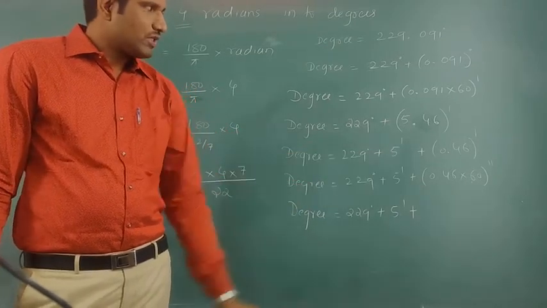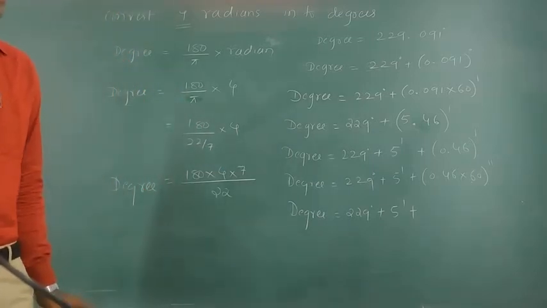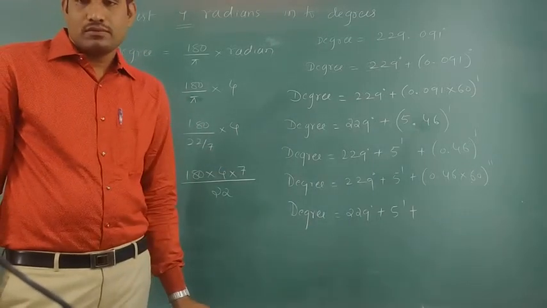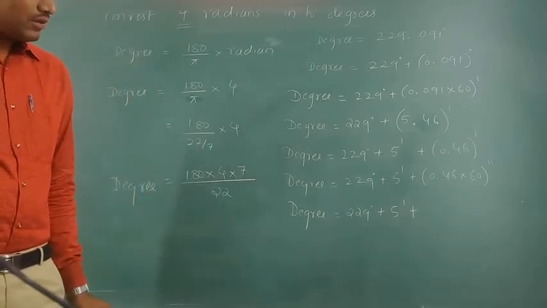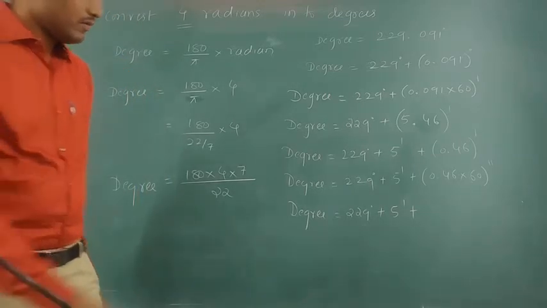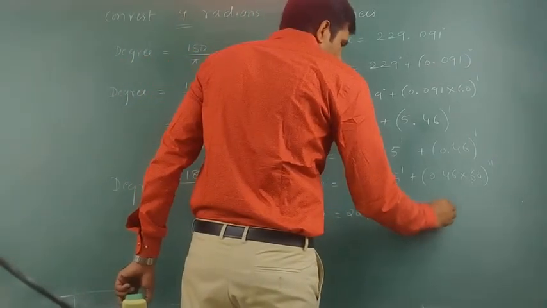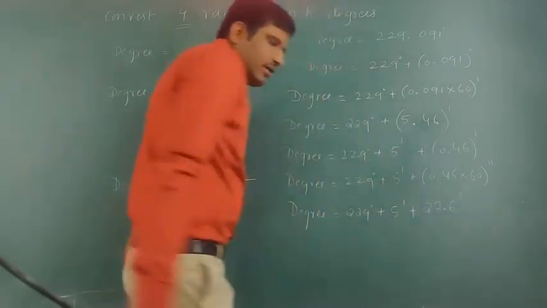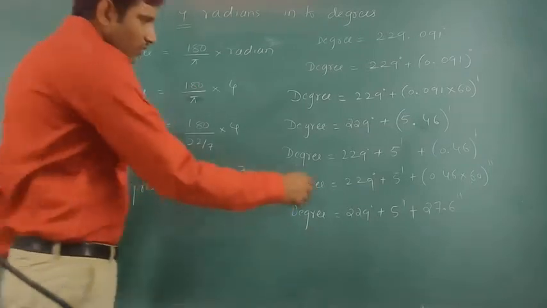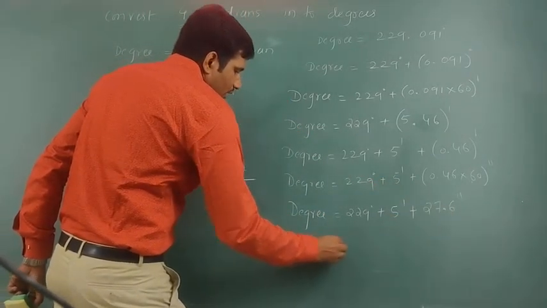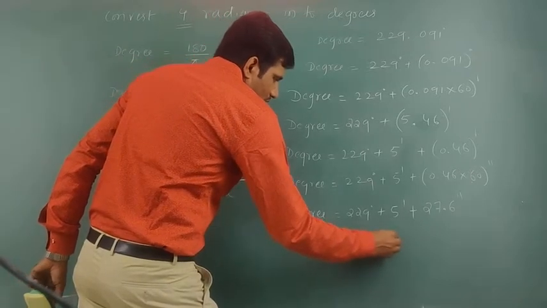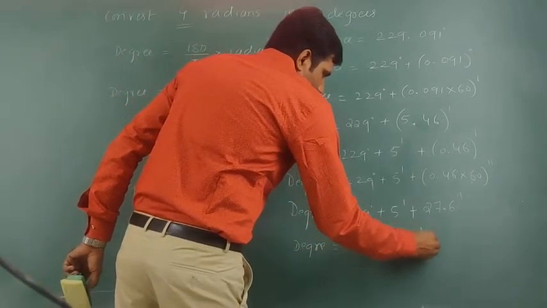It is 27.6. Then round off to higher value, because after the point it is 6. So the degree value is 229 degrees, 5 minutes and 28 seconds.